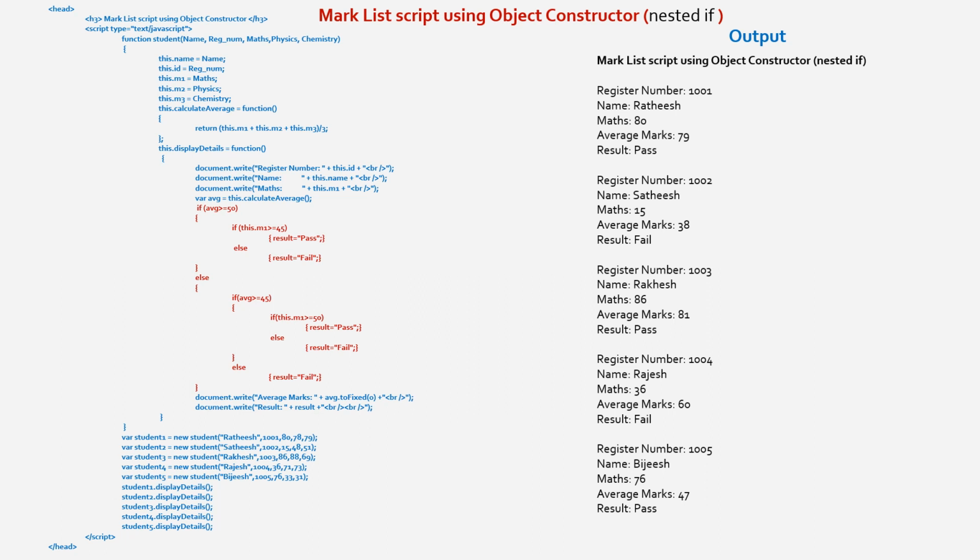He has high mathematics marks and average also passes; with low maths marks but average okay, both cases fail. Average marks is fine, mathematics marks is the problem, fail. Like that. This is the output.